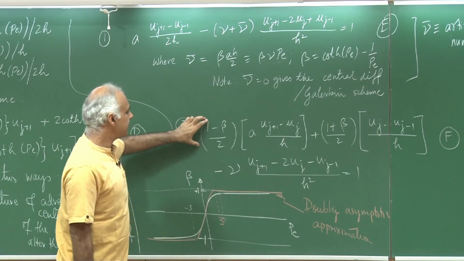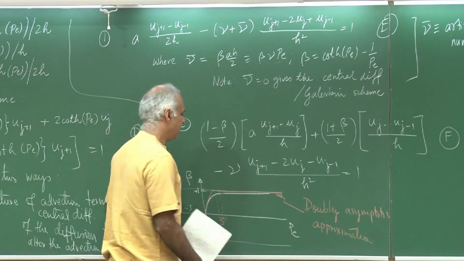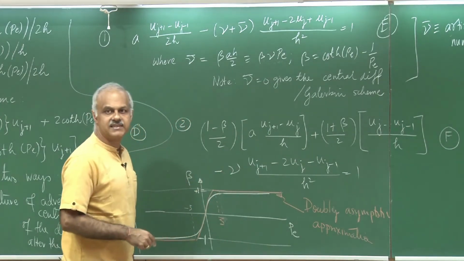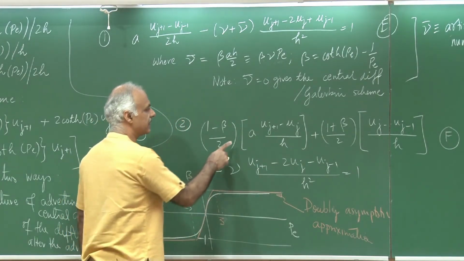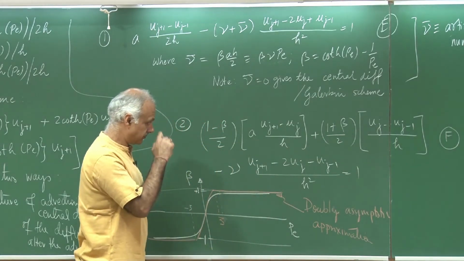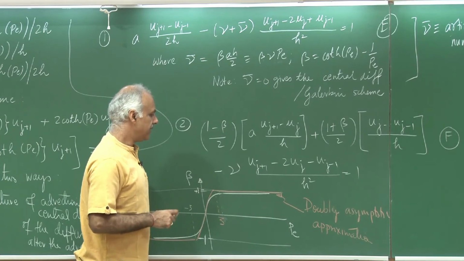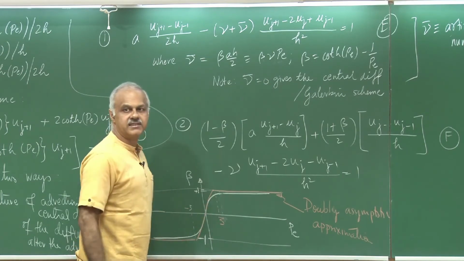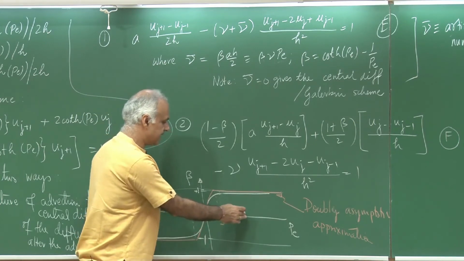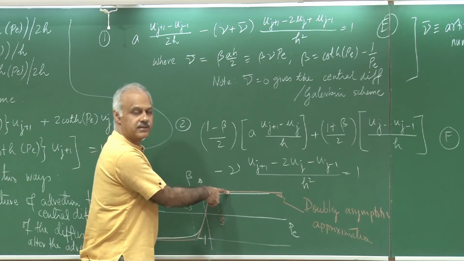Now, we move on to the second interpretation about the advection term. Here we leave the viscosity term exactly the same, and we now study the advection term, and that is very interesting. What is being said is the following: if my Peclet number is very large, a positive Peclet number, suppose it exceeds 3, then my beta is plus 1.